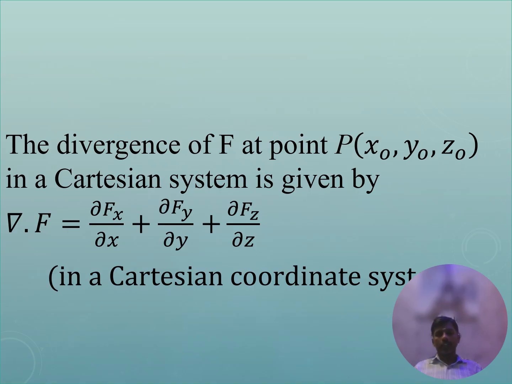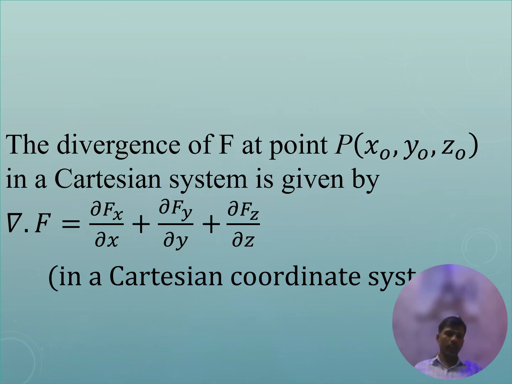First of all, how to find del dot F? The divergence of F at a point P with coordinates x naught, y naught, z naught in the Cartesian system is given as del dot F, which is differentiate F with respect to x, plus differentiate with respect to y, plus differentiate with respect to z.